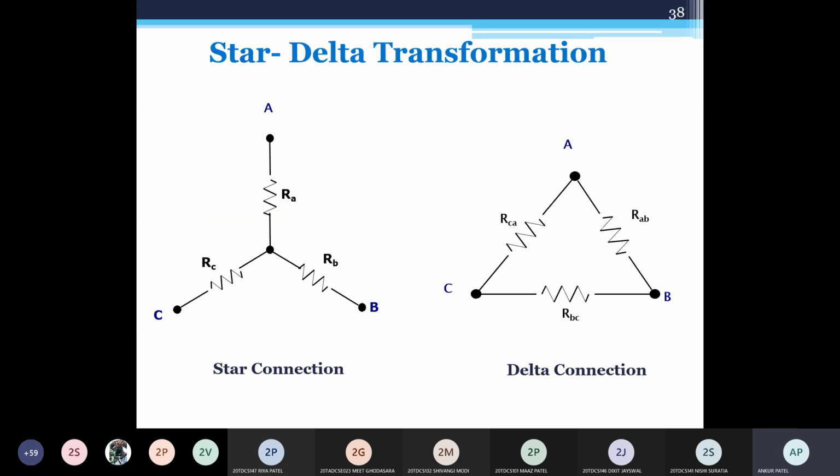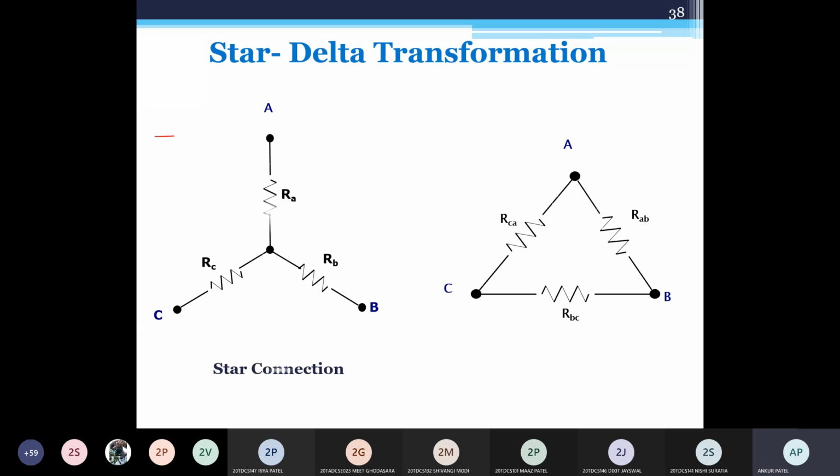So this is the star delta transformation. Why are we using these star delta transformations? To solve complicated networks or circuits.